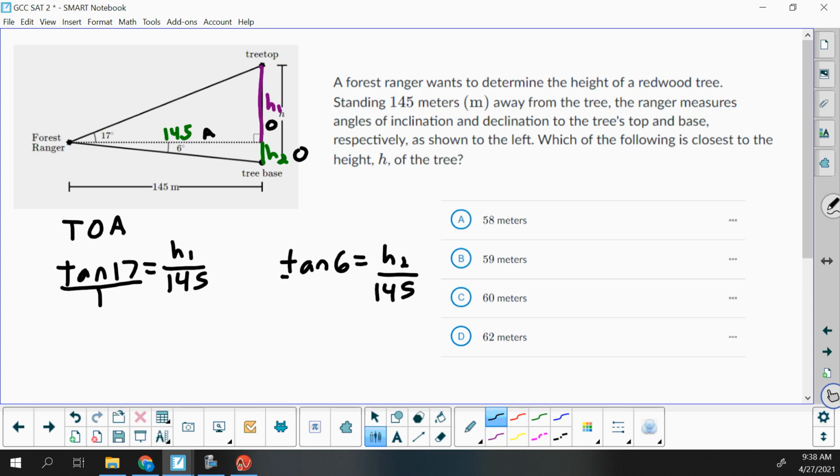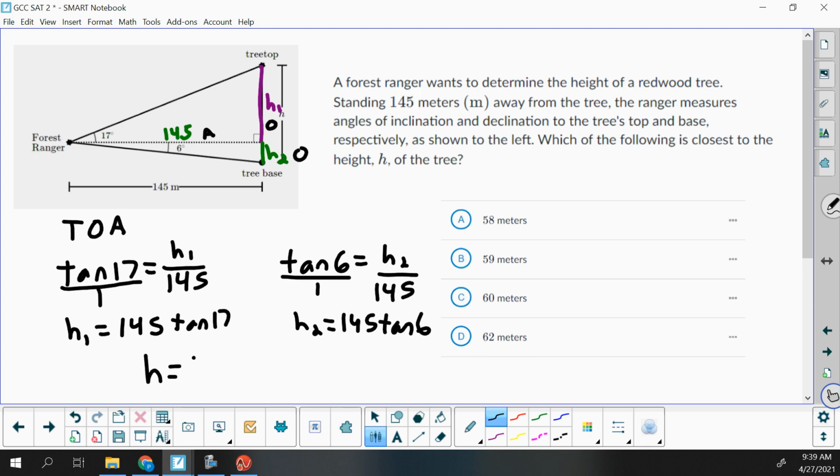We can put each of these tans over 1 and we'll cross multiply. So h1 is equal to 145 times tan of 17, and h2 is equal to 145 tan of 6. So to get h, we just need to add those together. So we'll do 145 tan of 17 plus 145 tan of 6.